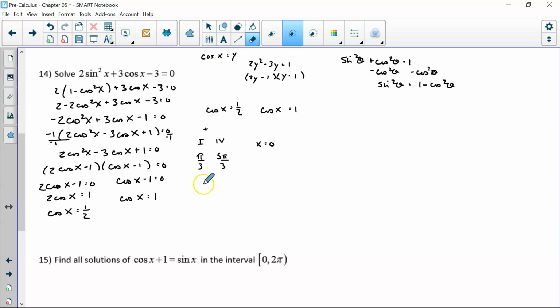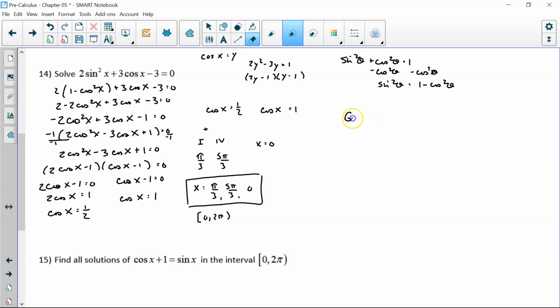So if we're going from 0 to 2 pi, we're going to have x equals pi over 3, 5 pi over 3, and 0. Those are our solutions from 0 to 2 pi, not including 2 pi, because that would be in the next unit circle.